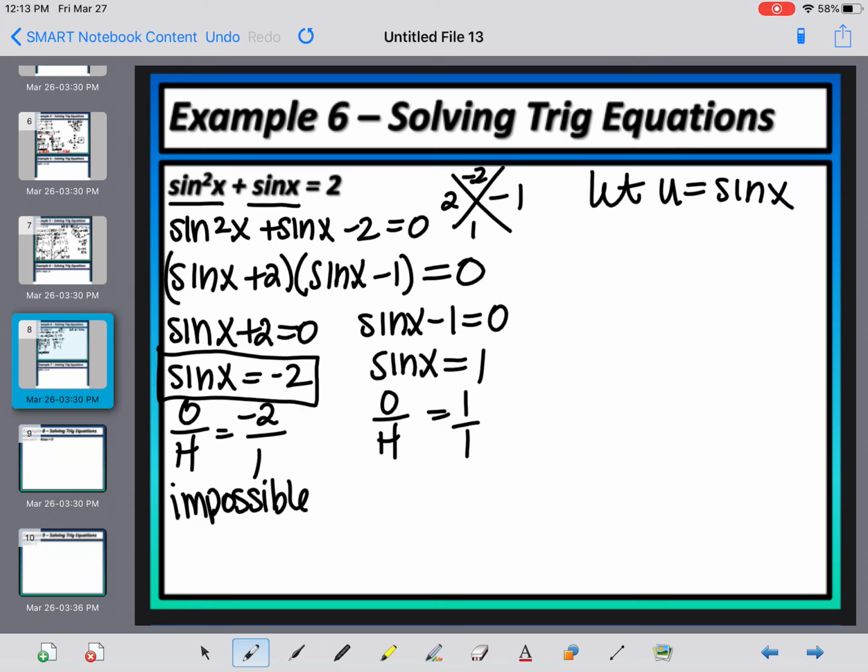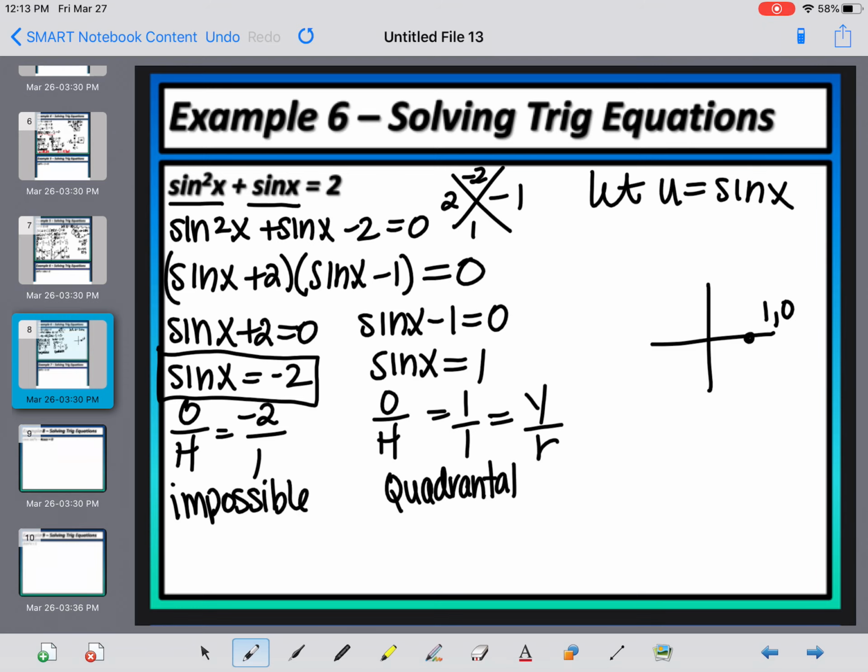The other one, hopefully that will give us. Okay, so we'd have to use 1 over 1. We couldn't use negative 1 over negative 1 for this whole hypotenuse business. Okay, but no triangle has a hypotenuse of 1, which means that this is quadrantal. And this is y over r. So again, r always equals 1.